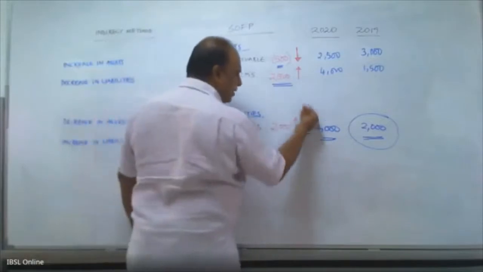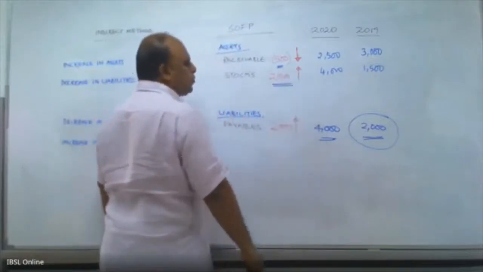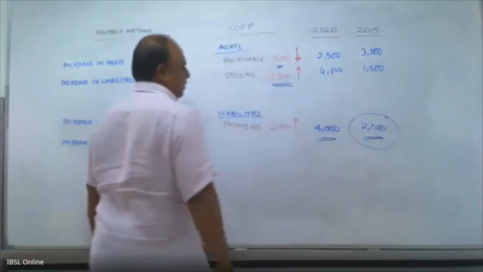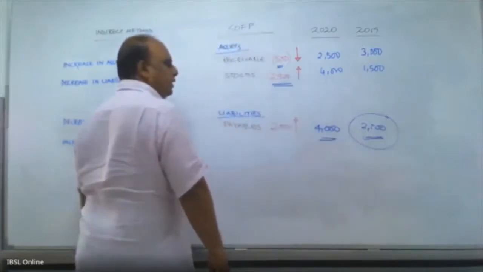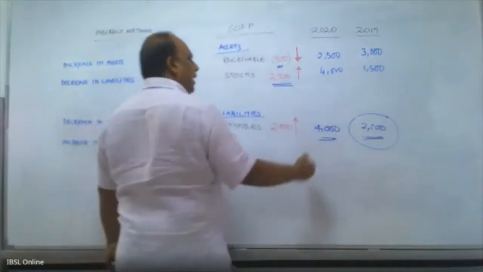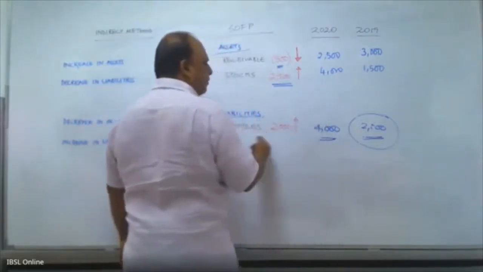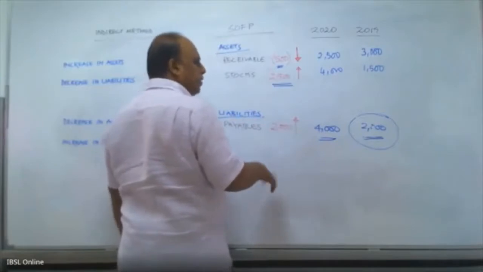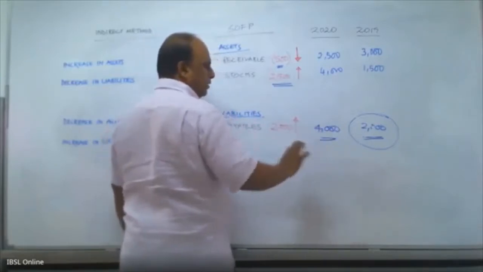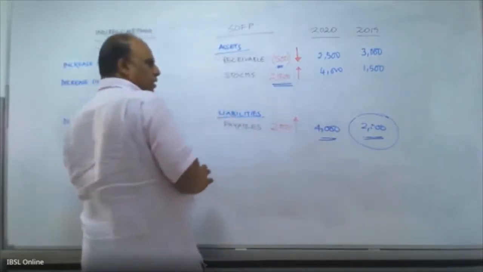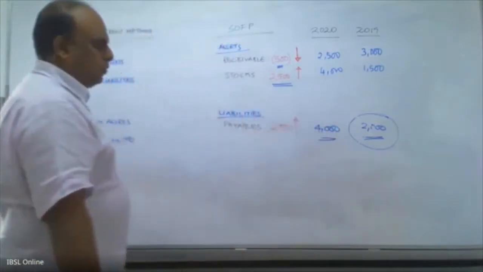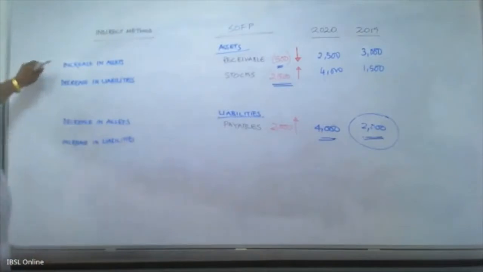My liability has gone up, which means I haven't even paid this. So by increasing my liability, which is the payables, that is beneficial to me because I am not going to lose my cash. I am just keeping the cash with me and accumulating the liabilities. So that is what I am trying to explain here.